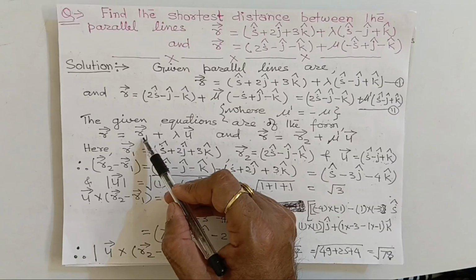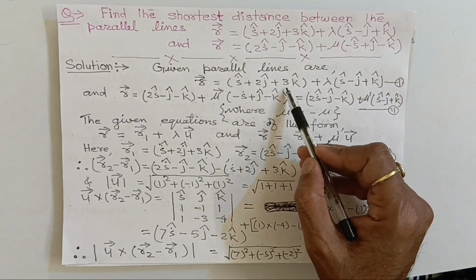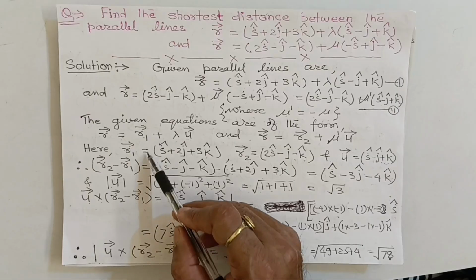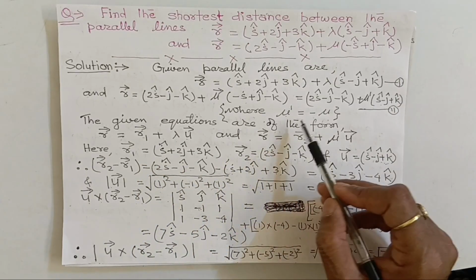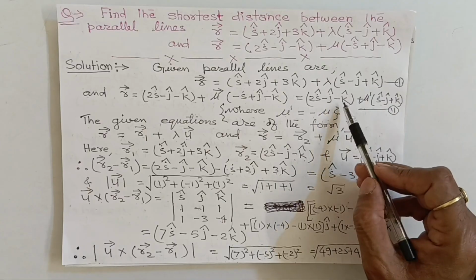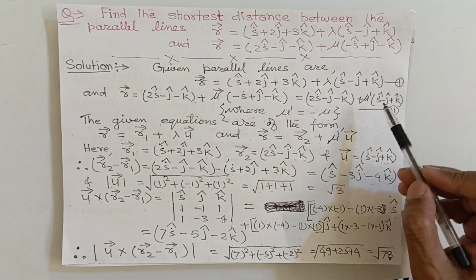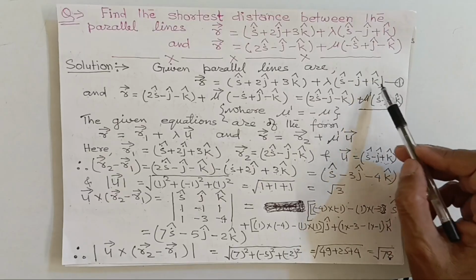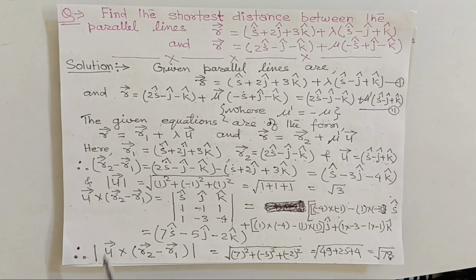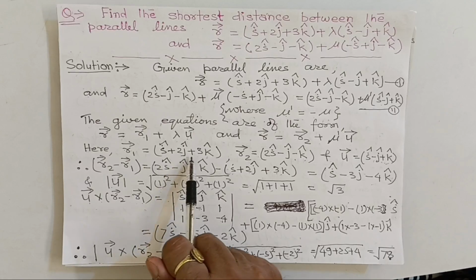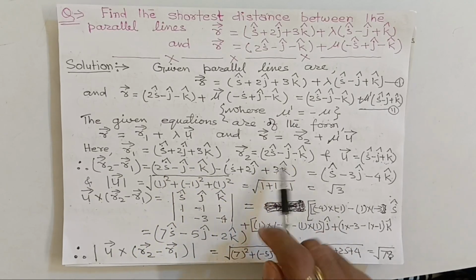Here r1 is equal to i + 2j + 3k, r2 is equal to 2i - j - k, and u is equal to i - j + k.